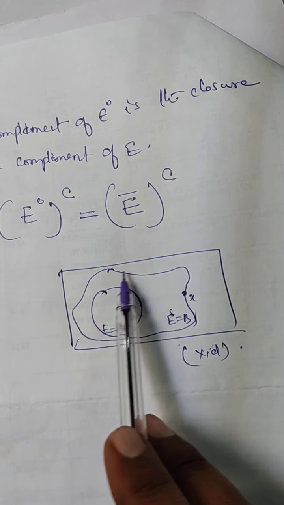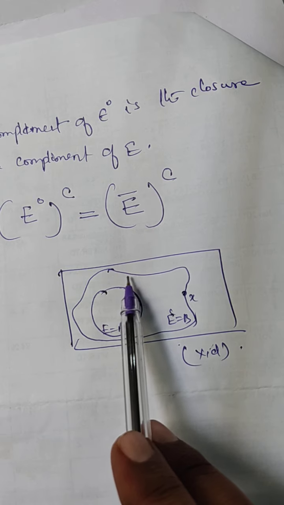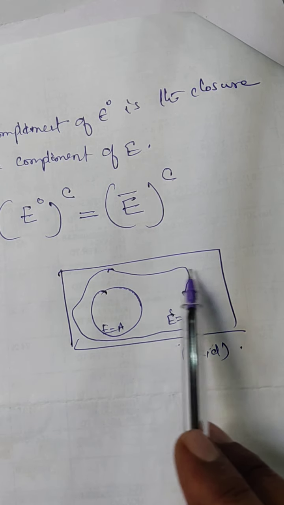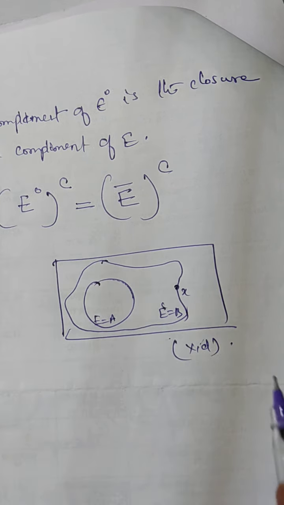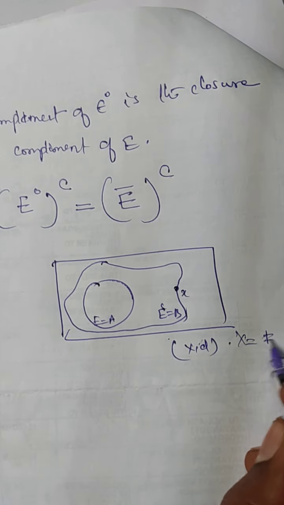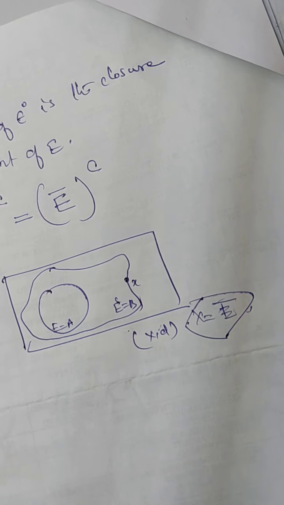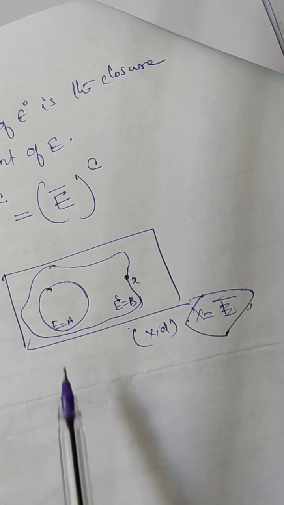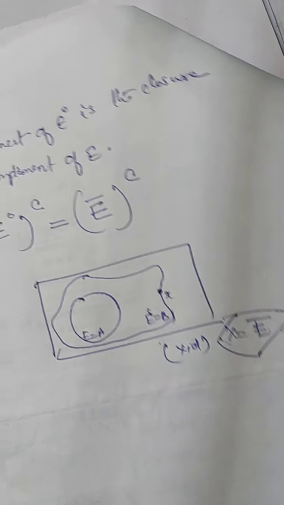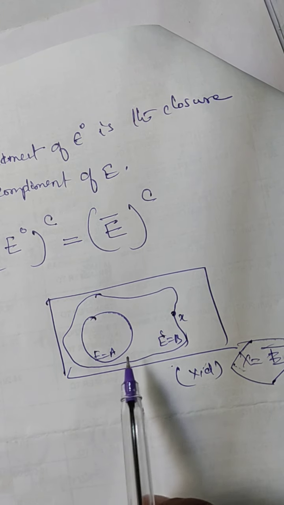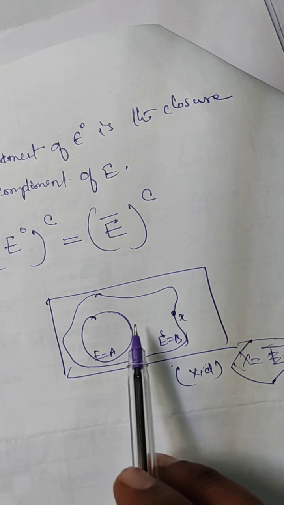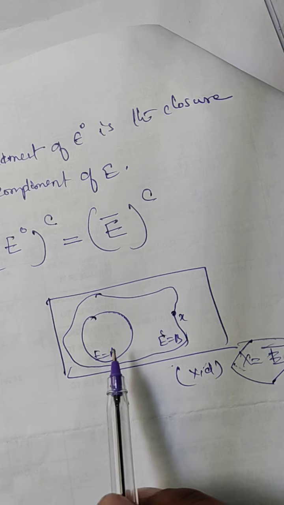Otherwise, if you draw a line for that, you will get X equal to E closure. For explanation I have just drawn this line, and there is no problem in that.